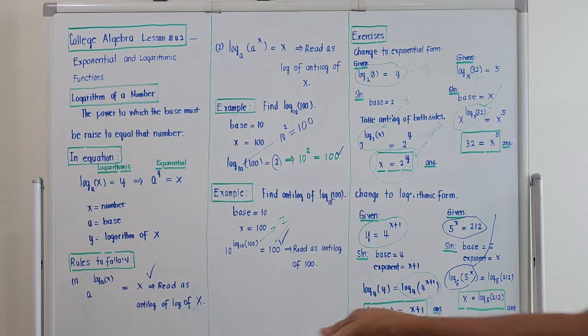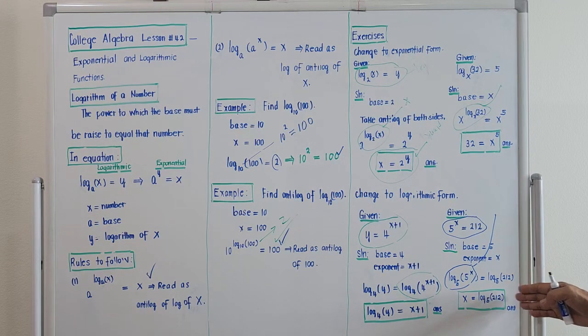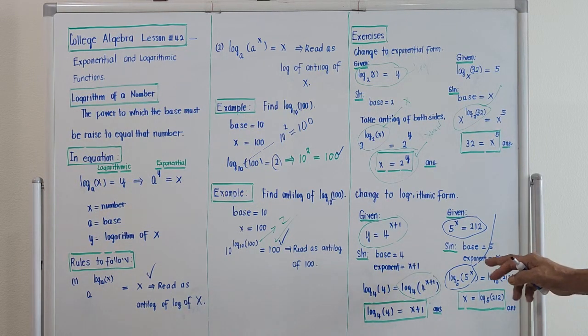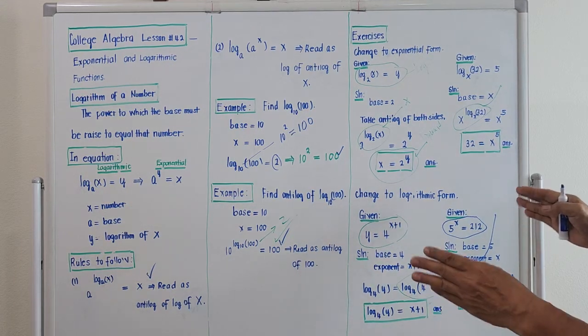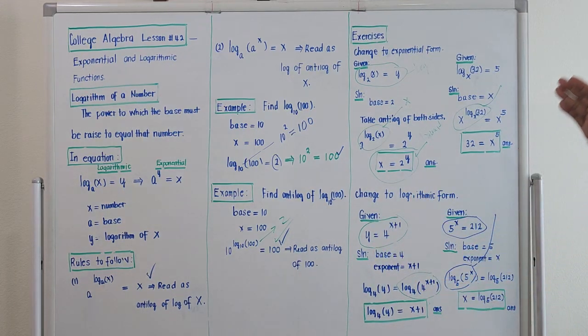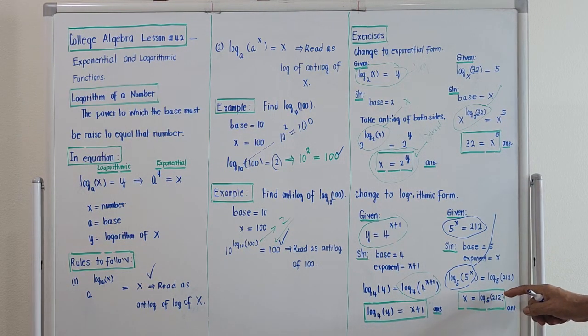So the left hand side can be simplified into x. And for the right hand side, we cannot do anything about the logarithm of 212. It's just simply the logarithm of 212 with the base of 5. So meaning to say, 5 to the x equal to 212 under exponential, and under logarithmic, the equivalent is x is equal to the logarithm of 212 with the base of 5.